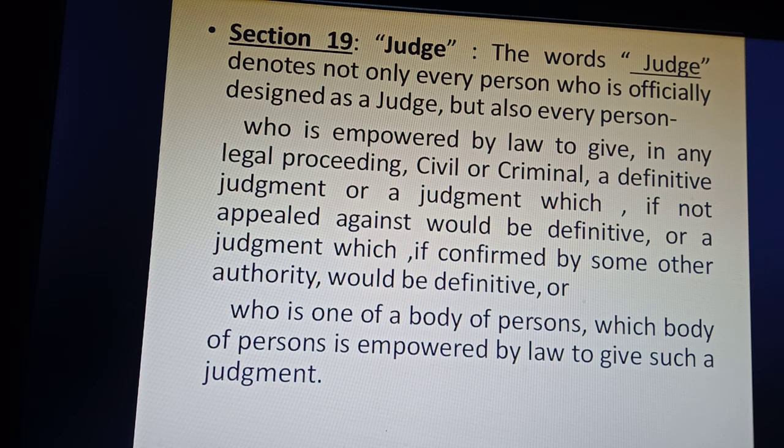Now let us discuss what is contained in section number 19.